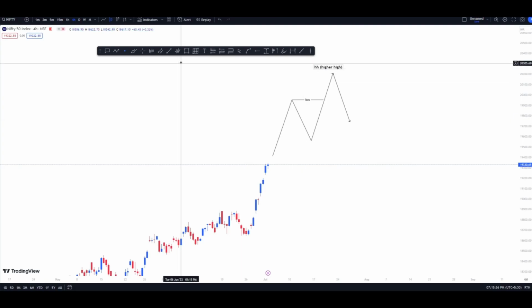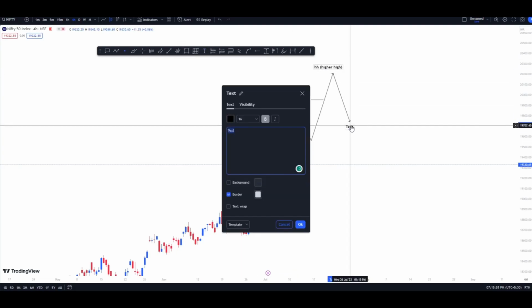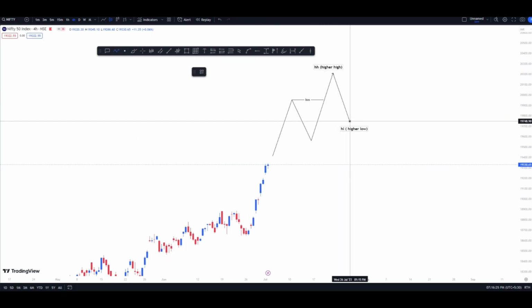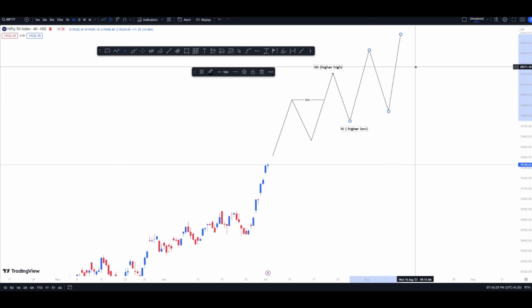Lower low, right? Sorry, I'm so sorry, HL, that is higher low. Why am I calling it a higher low? Because this low is higher than its previous low. Now again, price will break this high to form a new higher high, then again a higher low, higher high, and so on.